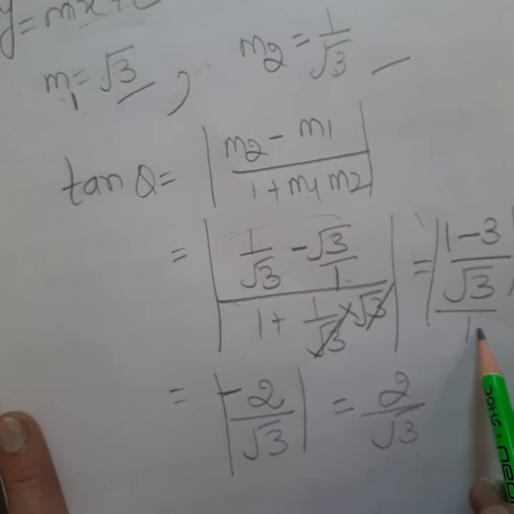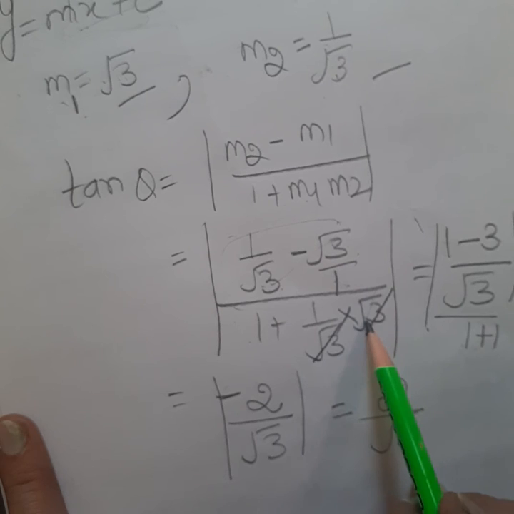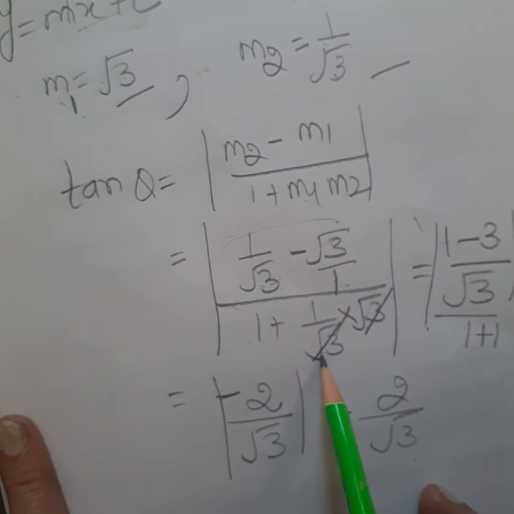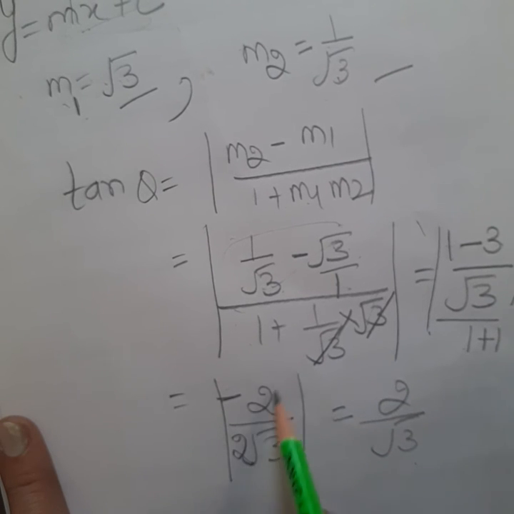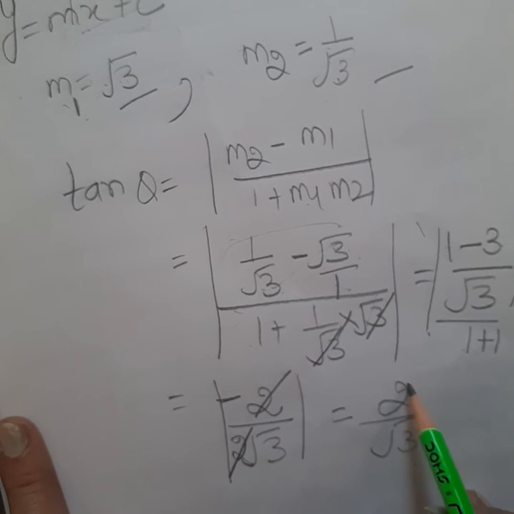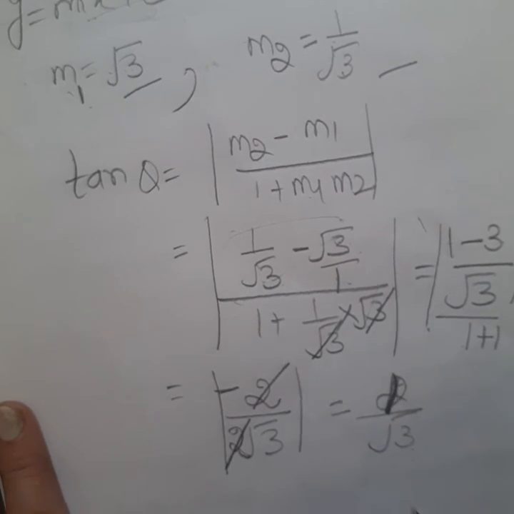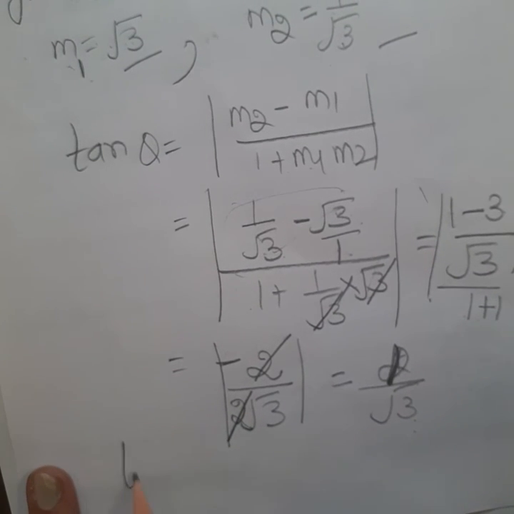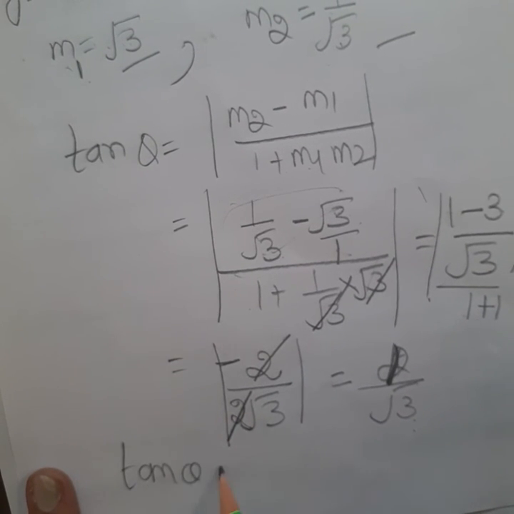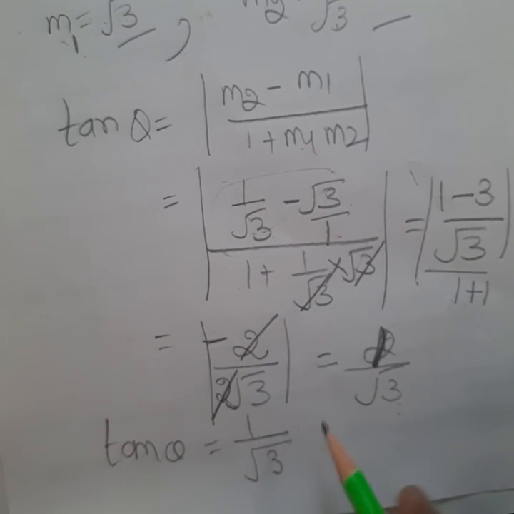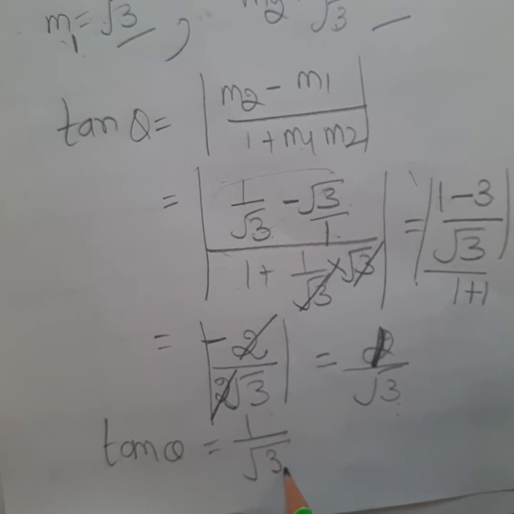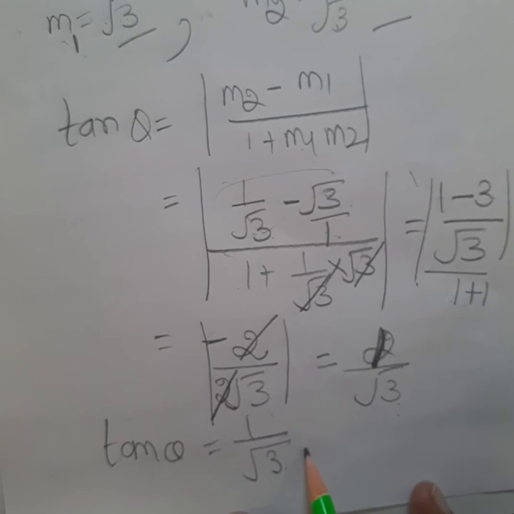In the denominator, you have 1 plus 1, because after cancelling root 3 by root 3 we get 1, 1 plus 1 we get 2 here, and by cancelling 2 by 2 we get 1 by root 3. Now you can see from the table what is the angle when tan theta has the value 1 by root 3, that is equal to 30 degree.